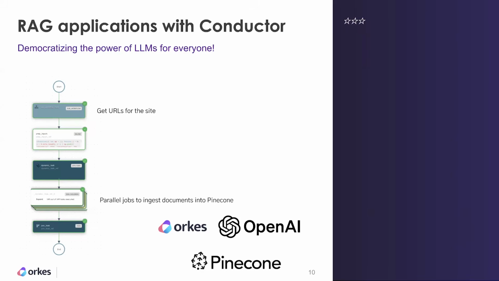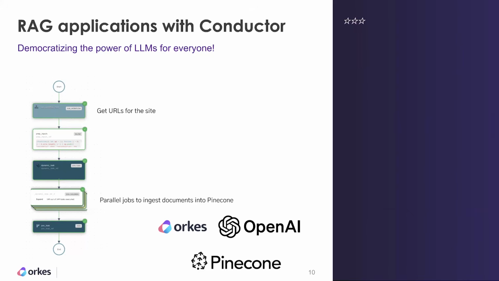Oftentimes you are using Conductor and you have a question about an API endpoint or a feature. The typical way is to look at the documentation and find the relevant documents. With AI, the whole thing can be a lot more of a shortcut. You can ask a question and get an answer. A very simple and powerful use case when it comes to RAG-based applications.